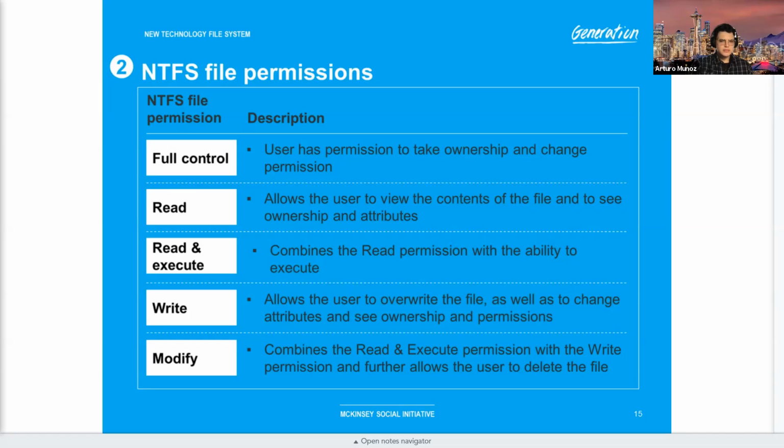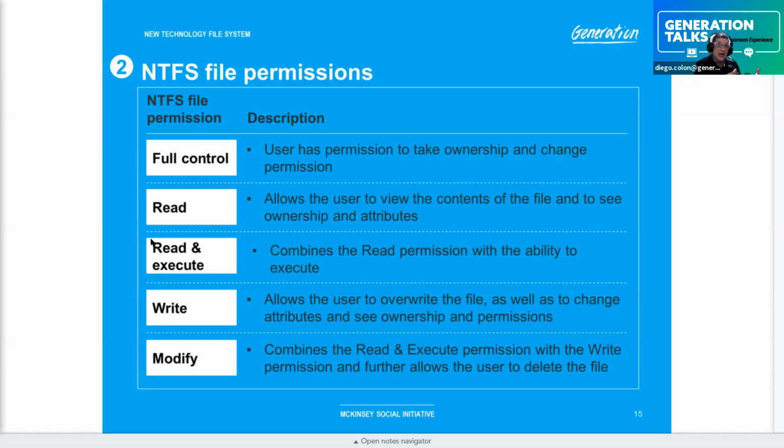So what does execute do again? Well, read and execute allows you to see what's inside the folder. You can see all the files in there, and you can double click on an exe and it'll actually run it. You have to understand that read means that you can only read, so the file can't grow, the file can't change.